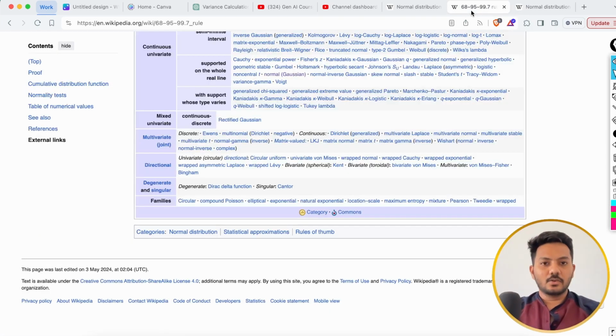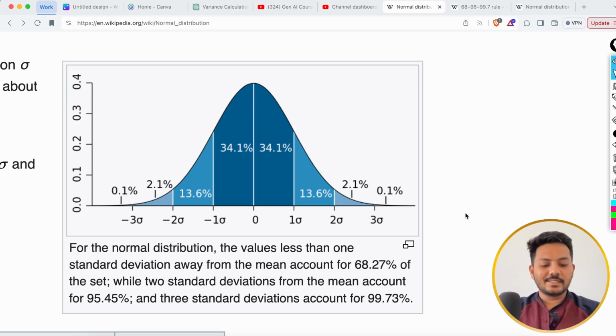Now in this video, we will learn something called the 68, 95 and 99.7 rule. This is a very interesting and important rule, and let's understand what this is. Here we have a normal distribution and the mean is at 0, and we have learned that in a normal distribution you have 50% of the points on the right side and 50% of the points on the left side.